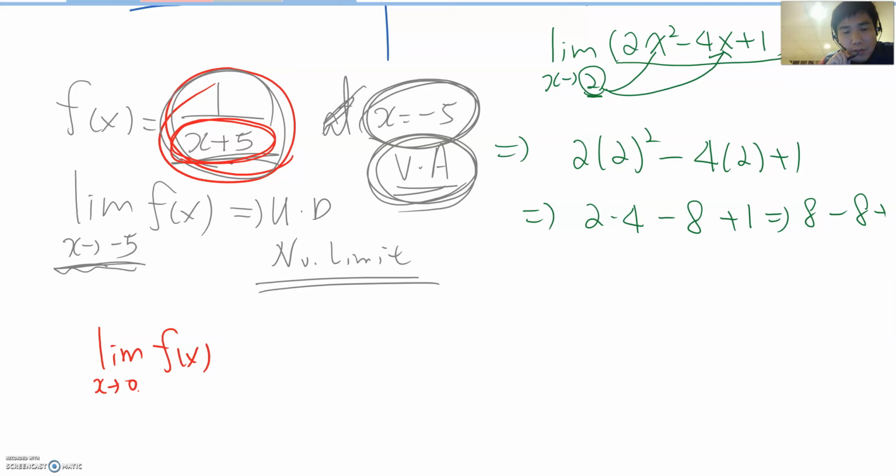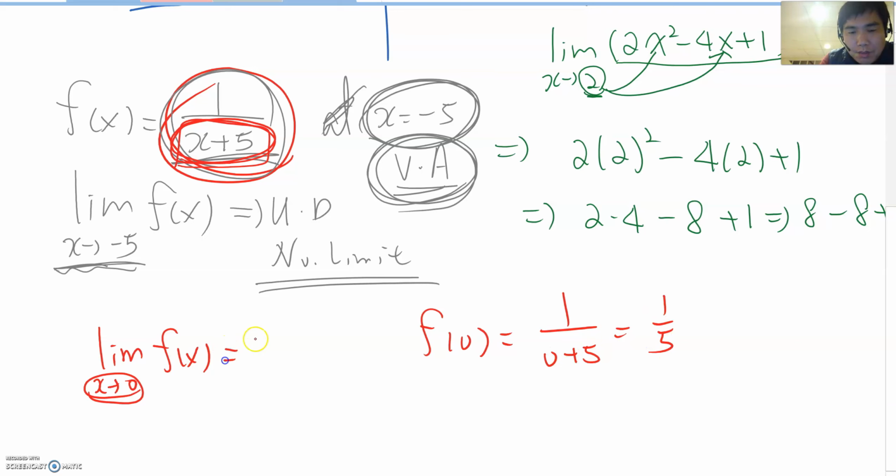You should understand this clearly: because this value does not make the denominator equal to 0, f(x) is continuous at x equals 0. Therefore, you just plug in f(0), which is 1 over 0 plus 5, then 1 over 5. So this limit becomes 1 over 5.